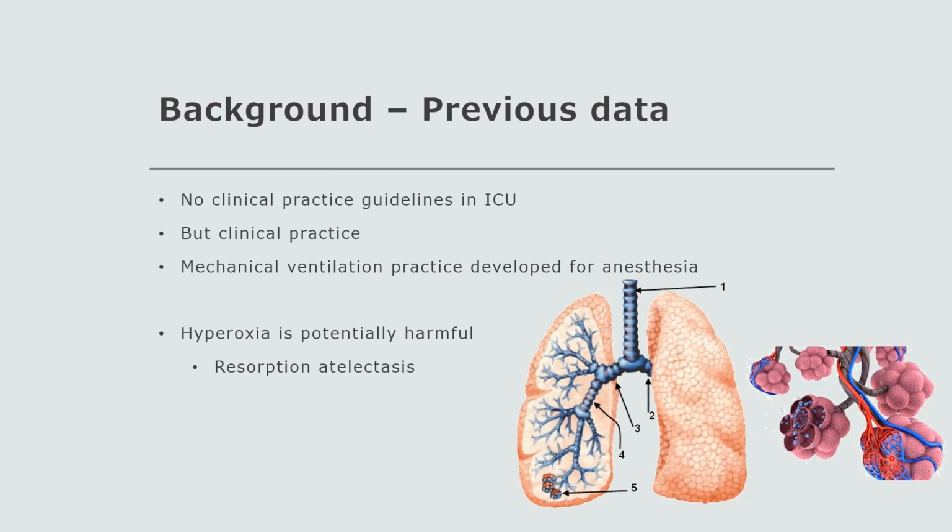This collapsing only happens when the alveolus is filled with 100% oxygen, but not if there's some other gas inside, like carbon dioxide. And now you have a totally collapsed alveolus, and you want to expand it again. And for this, you need a high pressure. This situation is often compared to inflating a balloon. In the beginning, you need a lot of pressure to start inflating the balloon. But this high pressure you need can cause structural damage to the lung.